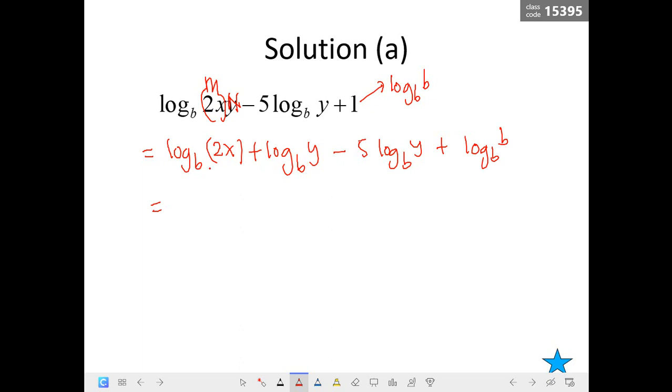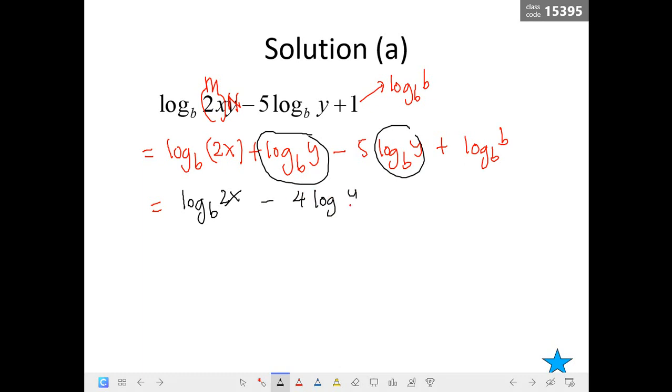what should we do? This one, same term, minus. So the answer is negative 4 log y to the base b. We just rewrite: minus 4 log y to the base b plus log b to the base b.